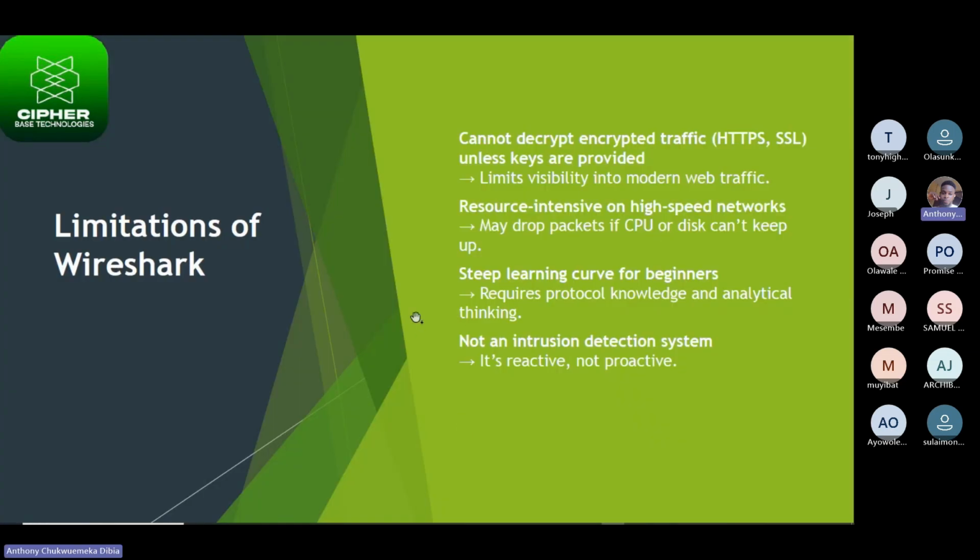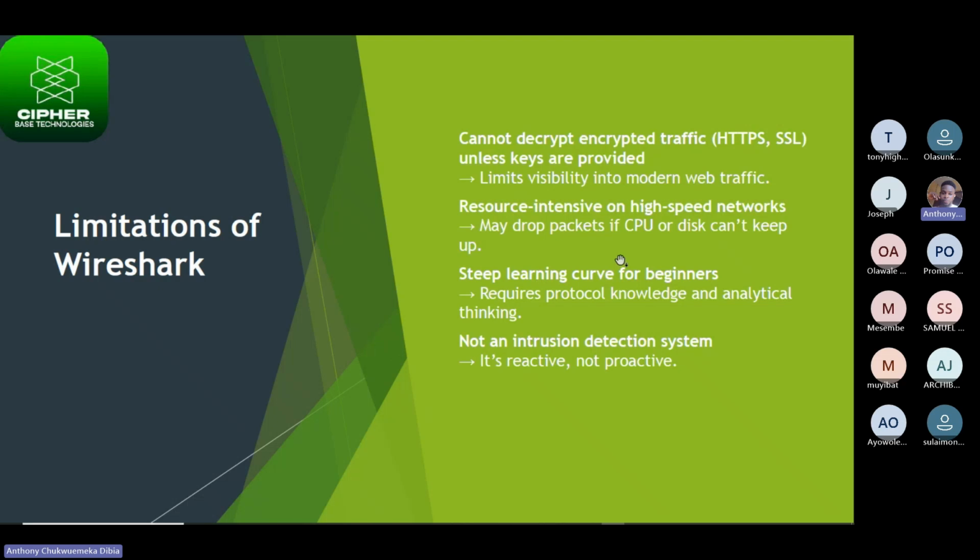Now, limitations of Wireshark: it cannot decrypt encrypted traffic. That is, when the traffic is encrypted, like when you visit an HTTPS site, or when it's encrypted with SSL, it cannot decrypt that traffic. Also, it is resource intensive on high-speed networks and may drop packets if the CPU or disk can't keep up.